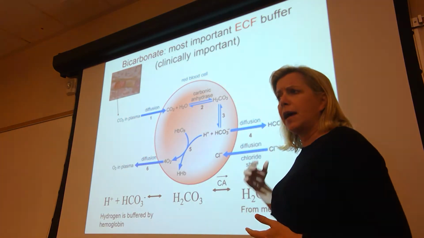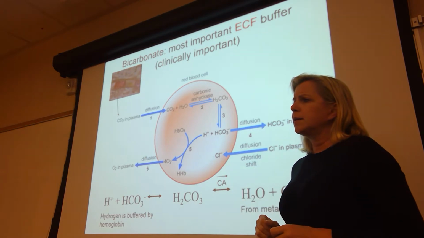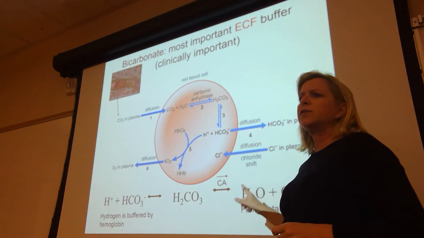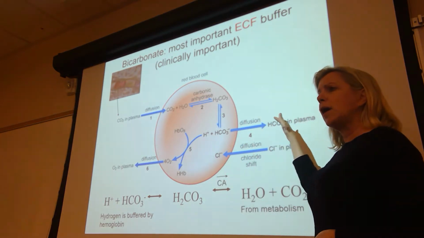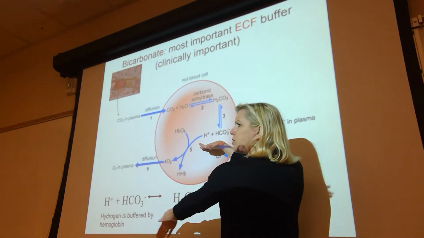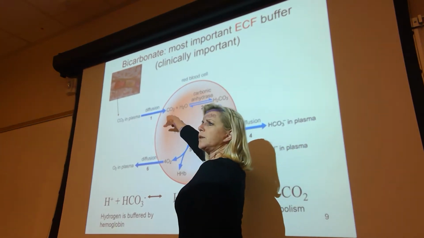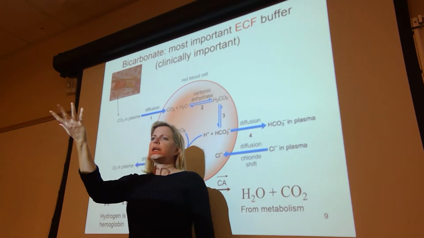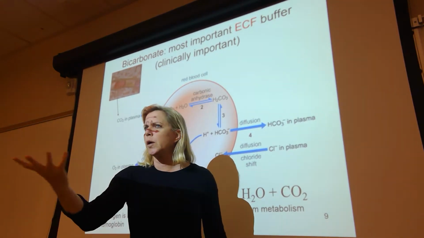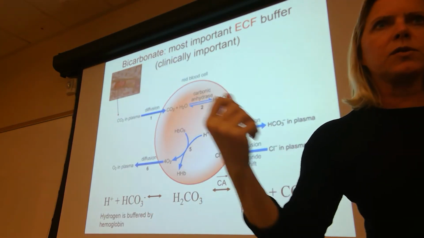So that base is actually quite important. All is okay. And when this red blood cell gets to the lungs, we're going to reverse this. Bicarbonate comes back in, hydrogen comes off, they recreate carbonic acid, it dissociates into CO2 and water, CO2 comes out of the red blood cell into the alveolus and out goes your CO2. It's reversible.